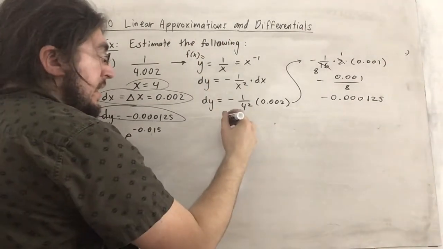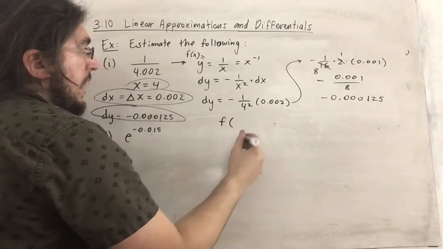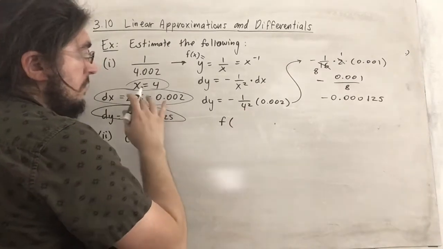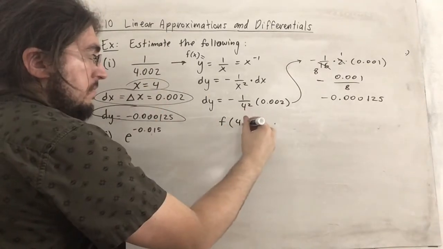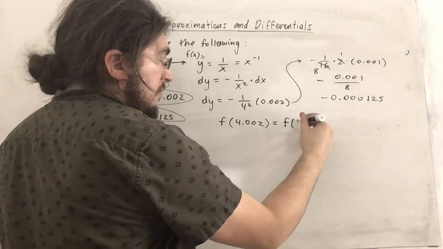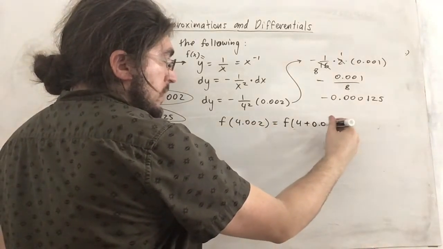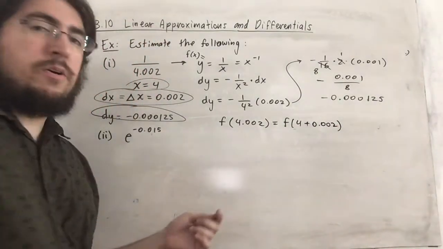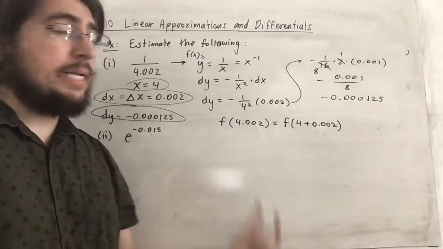So now, what we want to find is, if this is f of x, f of 4.002, which we know is f of 4 plus 0.002. So that's what I was saying earlier, it's x plus dx.